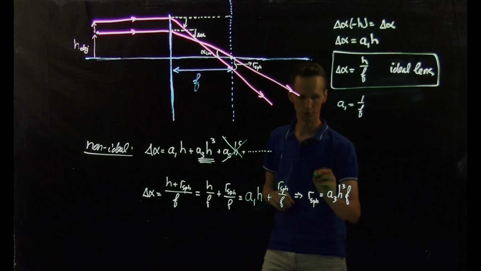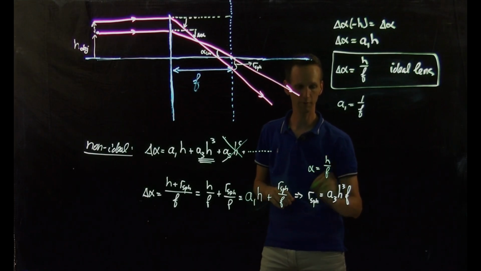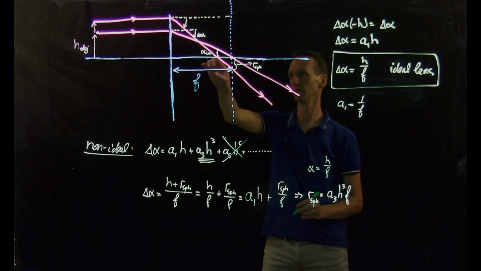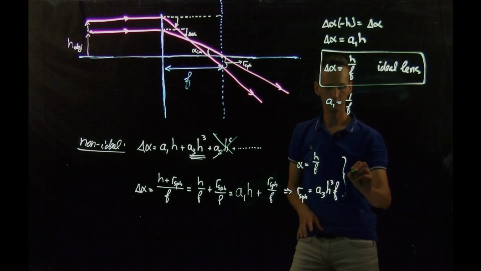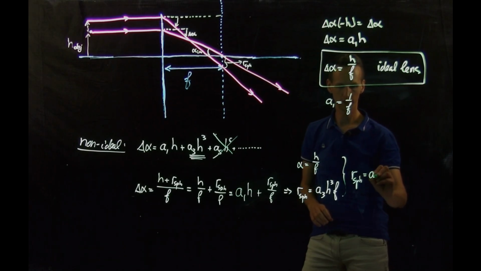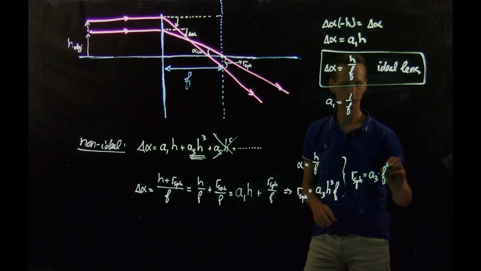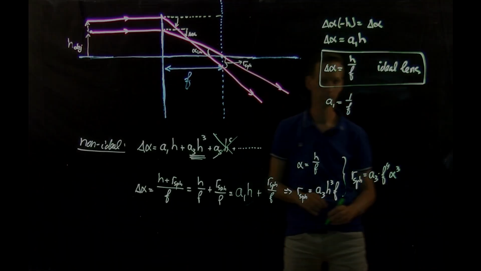So if we use alpha is h over f, so the ideal situation for the opening angle, and take these two together, we see that the radius of the spherical aberration, r spherical, is equal to a3 times the focal distance to the power 4 times the opening angle of the ideal beam cubed.